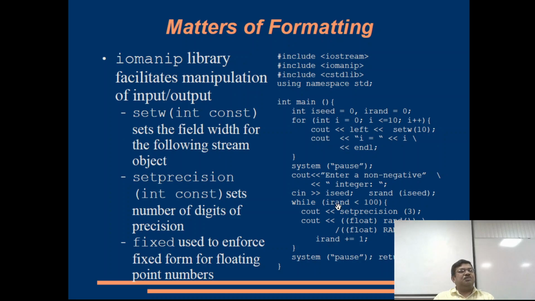So this while loop generates about 100 random numbers. This number is initialized to 0 initially, and then it continues up to 99. So IRAN ranging from 0 to 99, it will continue printing random numbers. So 100 random numbers uniformly distributed between 0 and 1.